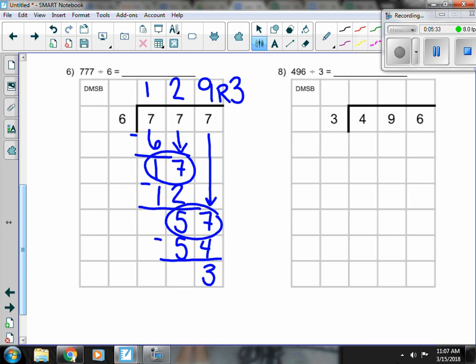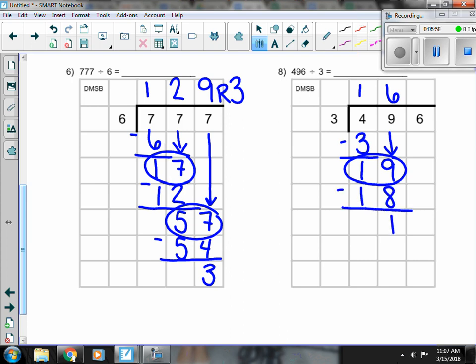And my last problem, 3 goes into 4 once. And 1 times 3 is 3. 4 minus 3 is 1 for that remainder, which is less than 3, so I bring down my 9. And I start over with that. 3 goes into 19 6 times. 6 times 3 is 18.